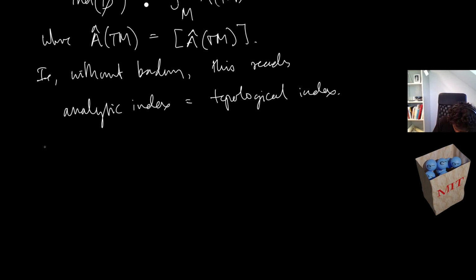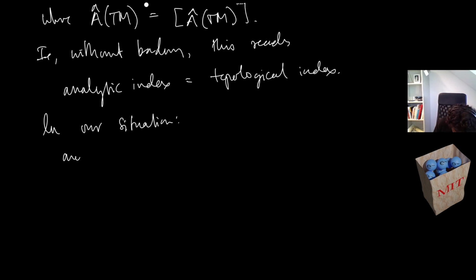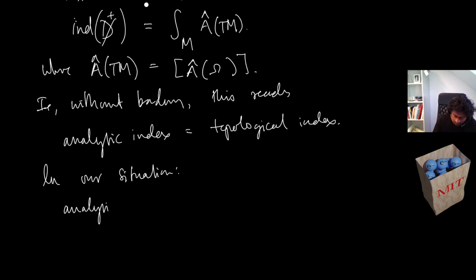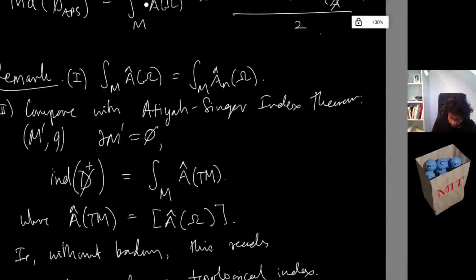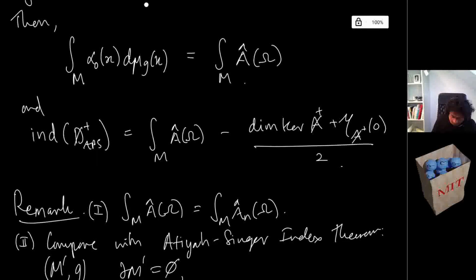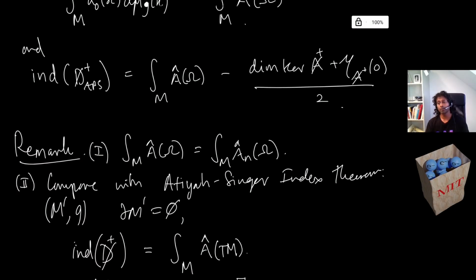In our situation, we have analytic index. Well, you cannot integrate an n-1 form on M. How do you integrate it? It doesn't really make sense, right?